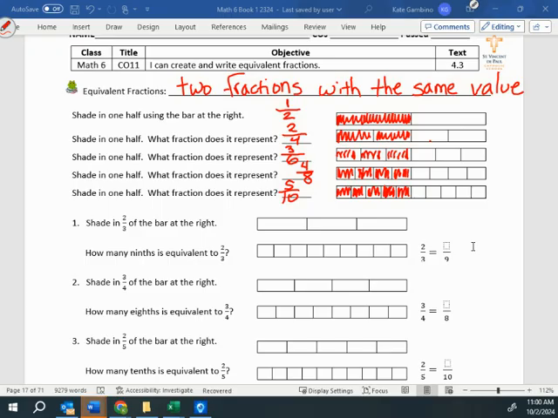Same value, the same amount of the bar is shaded in, but they're different fractions. These are all equivalent fractions. If I simplify 2/4, 3/6, 4/8, and 5/10 all the way down, it's going to be 1/2.